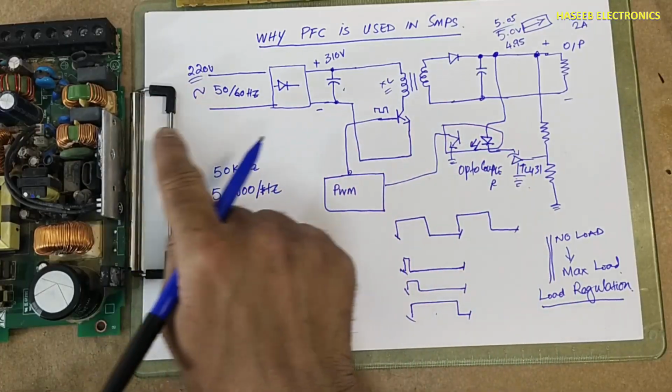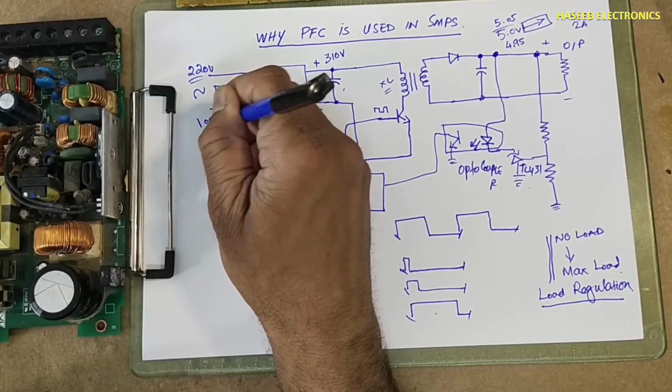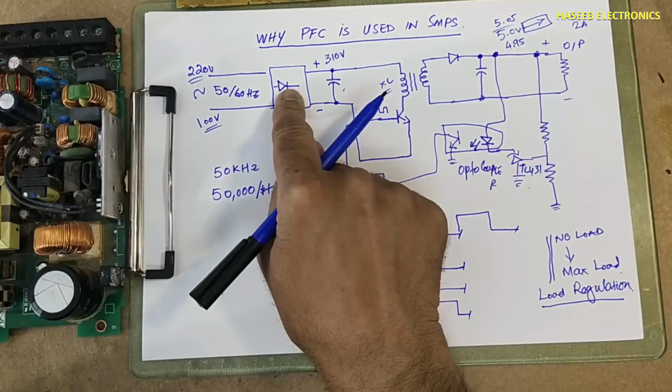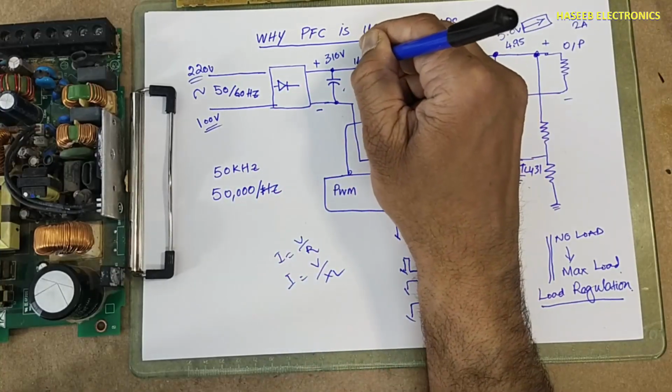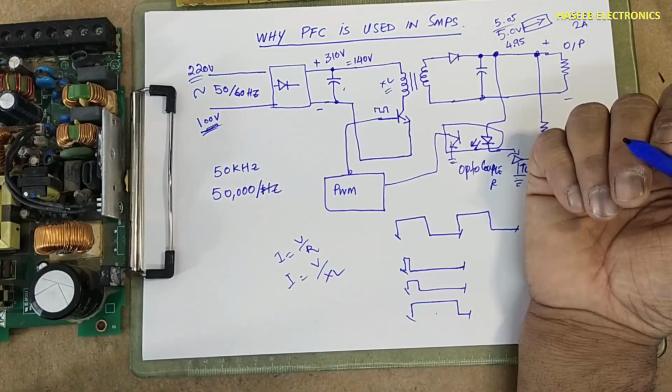But in the other condition, if the voltage drops to 100 volt AC, this 100 volt AC rectified will become 140 volt.